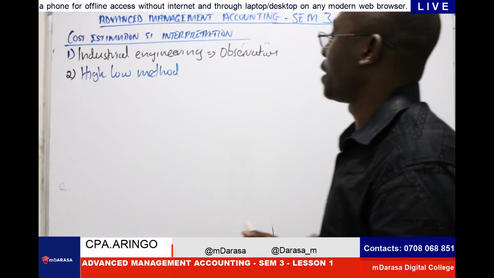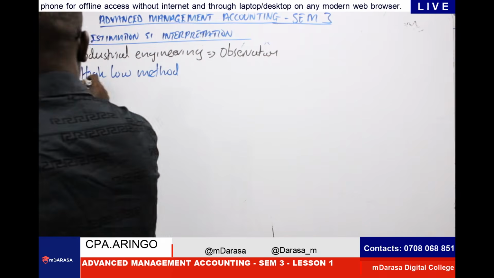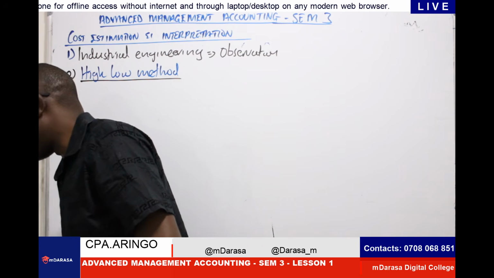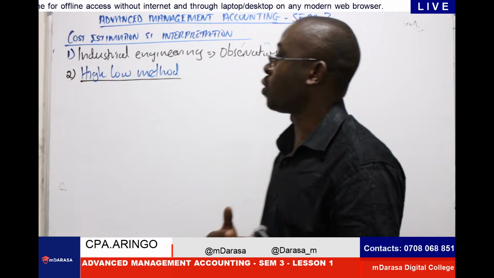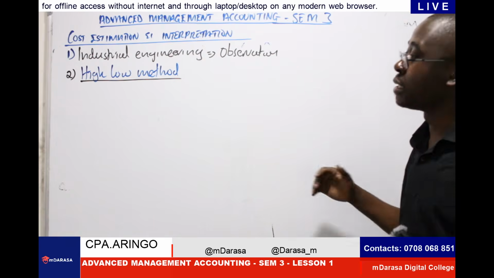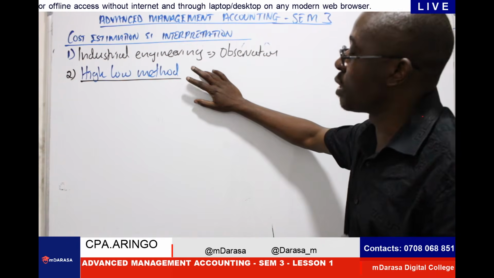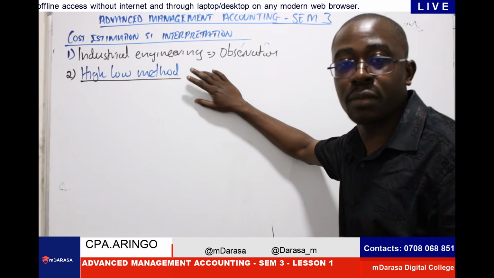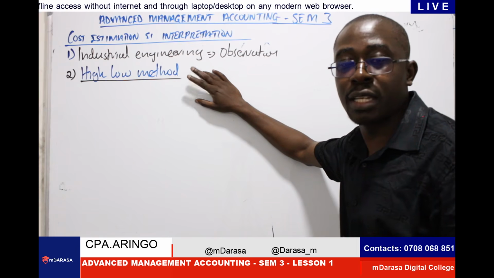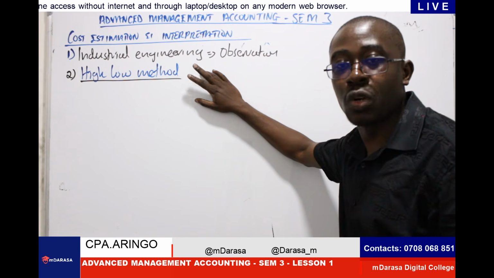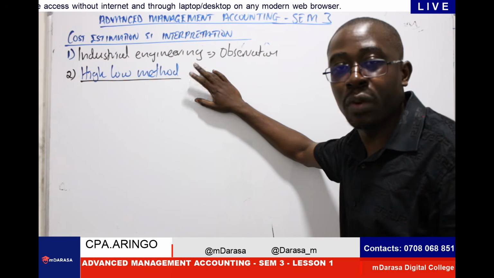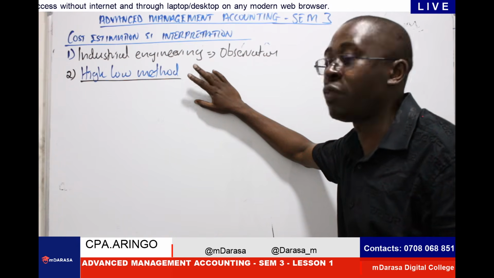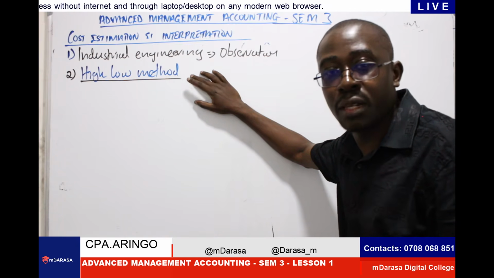When looking at the high-low method, my good students, we simply need to understand that anytime I am using the high-low method to do a prediction, this is a method of cost estimation where the highest and lowest level of activity is identified.